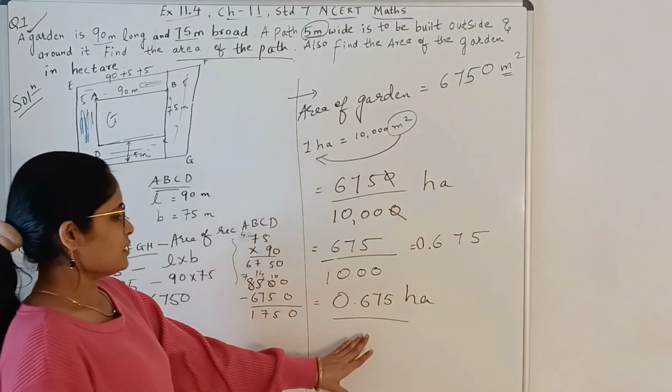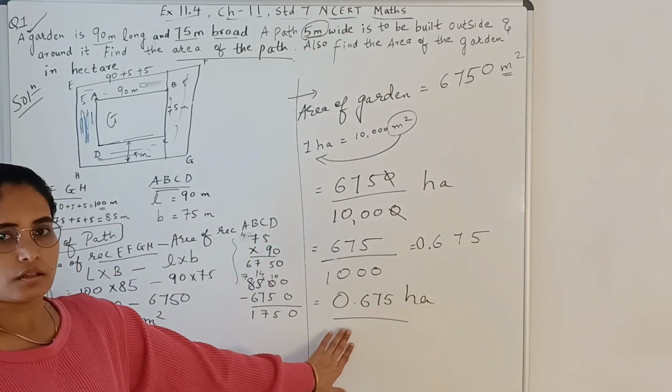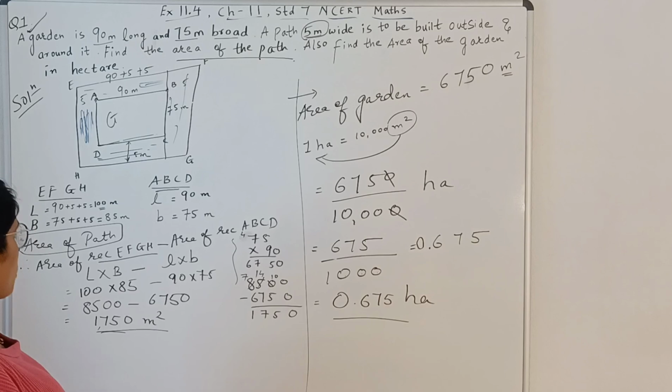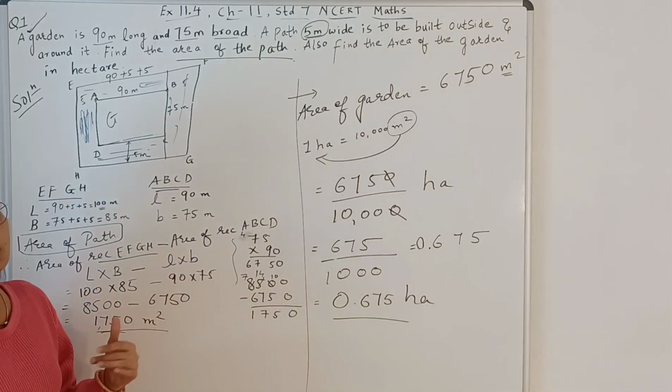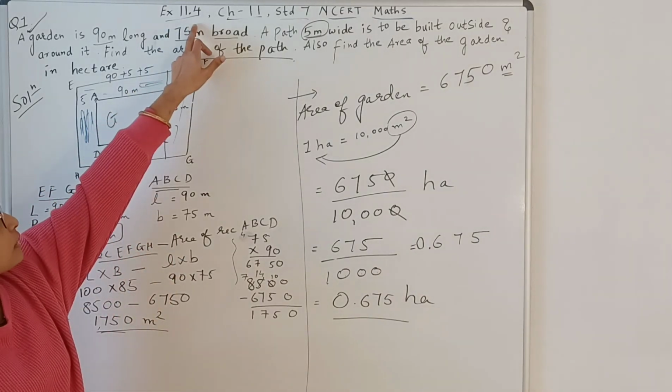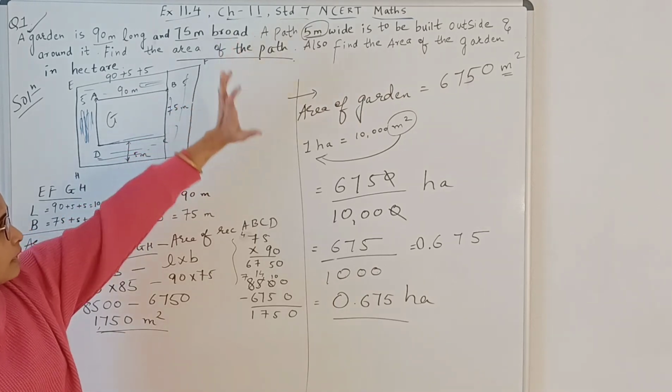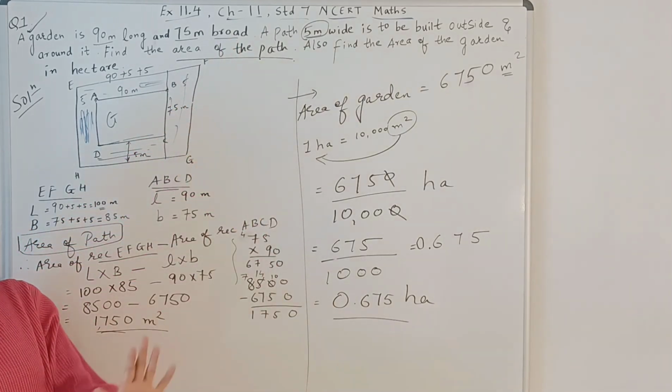Okay, so this is area of the garden in hectare. Okay, so this was the solution part of question number 1 of exercise 11.4 of chapter 11 of standard 7. Hope you understood.